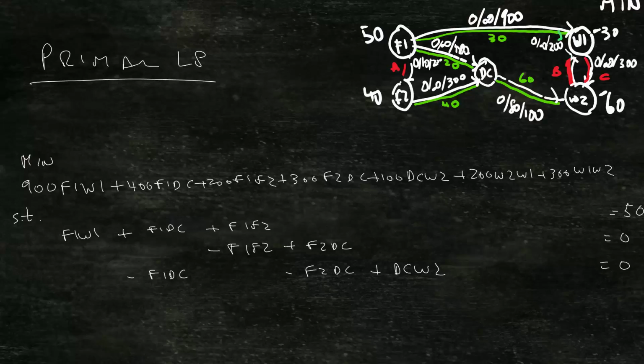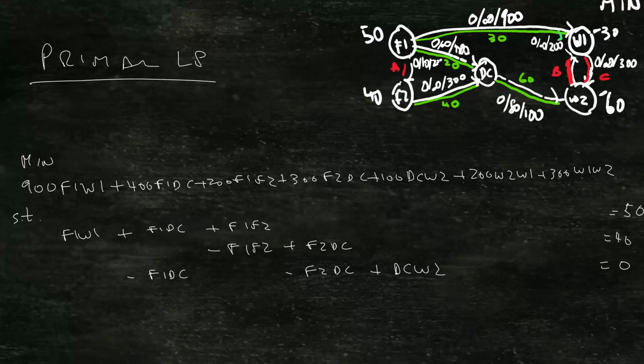I made a mistake here. This has to be equal to 40 for F2. But DC balance is 0. There is no injection nor withdrawal.